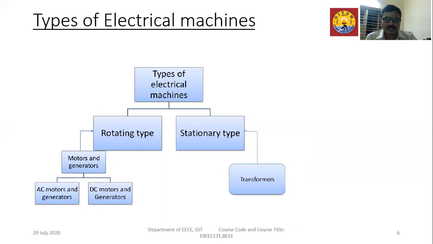Under the stationary type, there is the transformer. In motors and generators, there are two types: AC motors and generators, and DC motors and generators. Today we are going to discuss the last one, DC motors and generators, that is, DC machines in general.